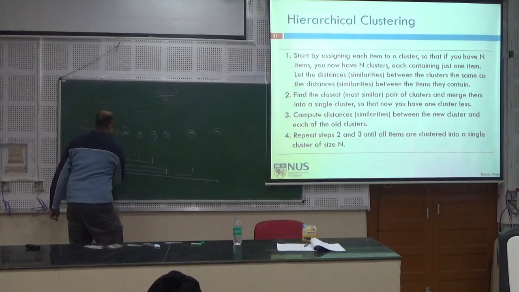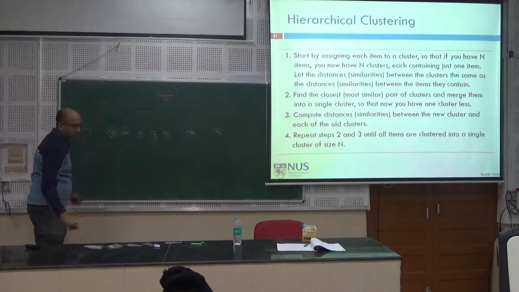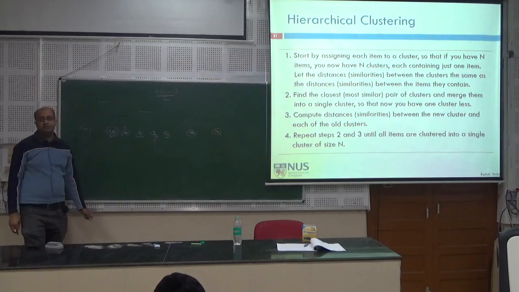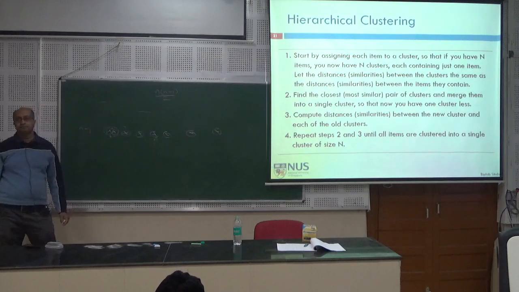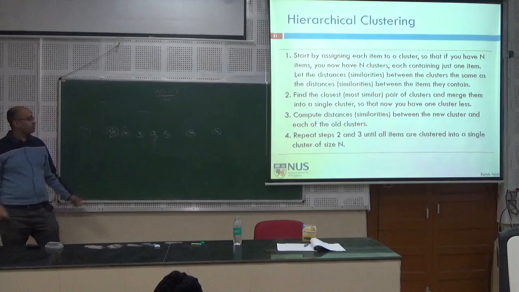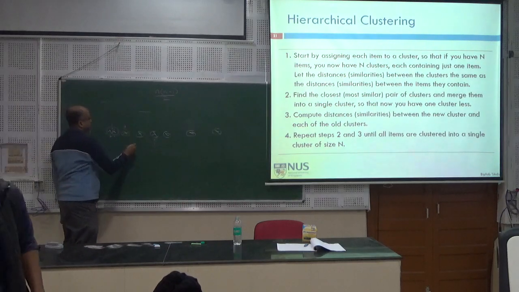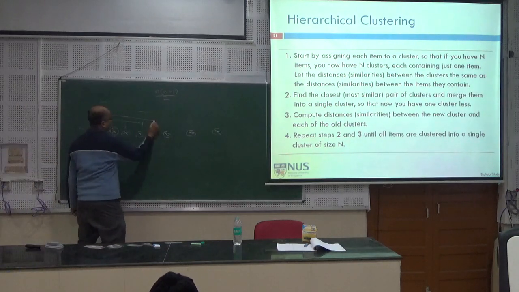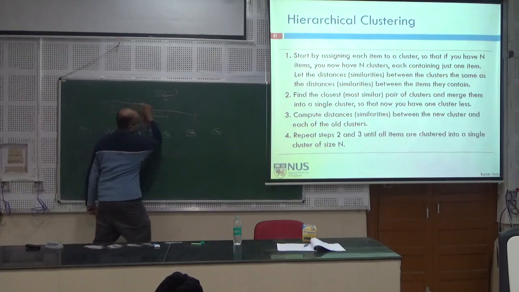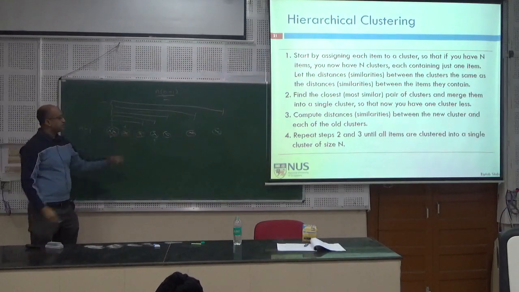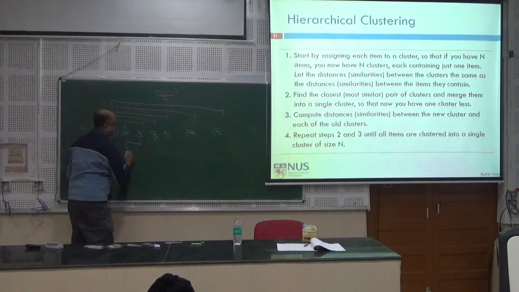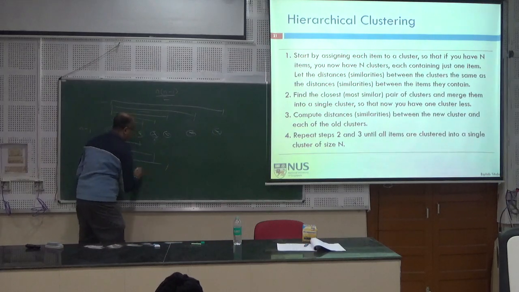Now I have to find what is the center of this cluster. Maybe the center is here. Now I repeat the same thing. What is the distance between clusters? For every pair of clusters that I have, I figure out the distance. Not just between this and this, but everybody else.